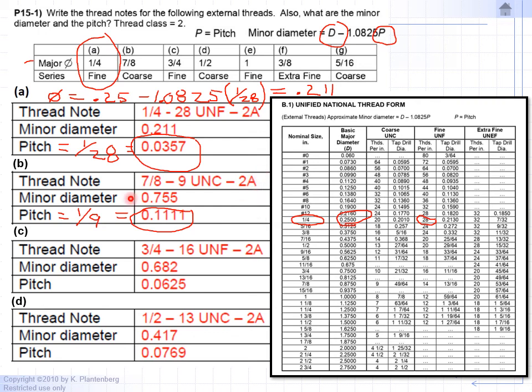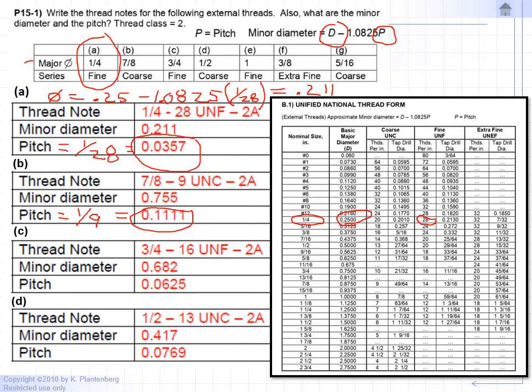All right, so to calculate the minor diameter, we're going to once again use our formula. Minor diameter equals major diameter. Major diameter is 7/8 or 0.875. You do the math, 7 divided by 8 is 0.875. And then we're going to go minus 1.0825 times the pitch. To calculate that, I'm going to do it over here to the right.